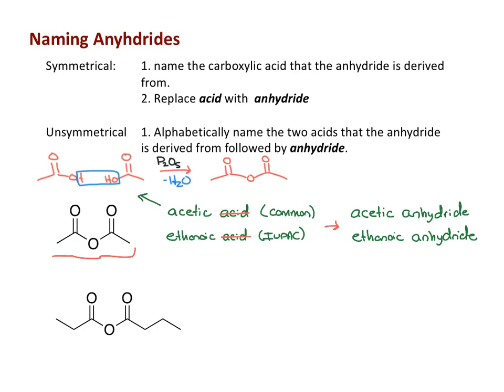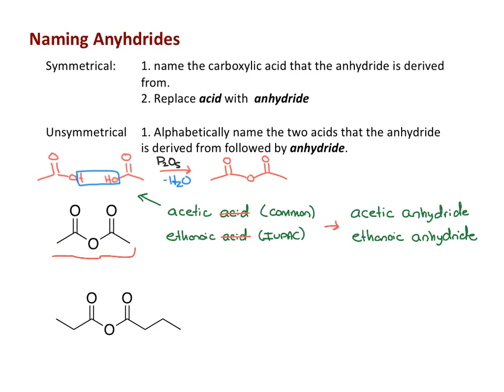Now, if you have an unsymmetrical anhydride, meaning 2 different carboxylic acids would come together to make it, what you do is you alphabetize the names of those 2 things.